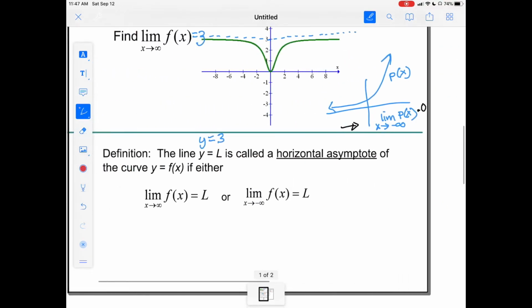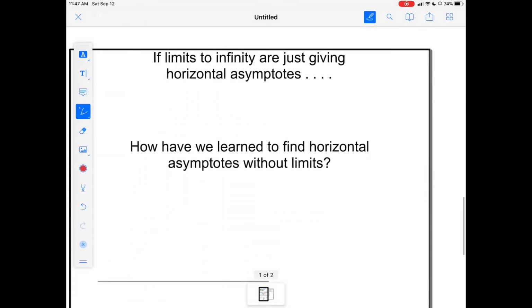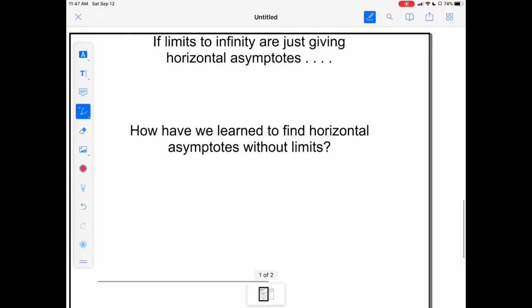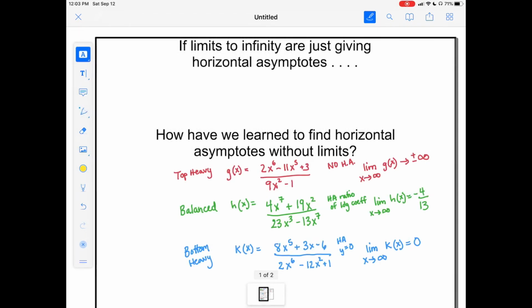All right, so now let's do a little refresher on what we know or remember about horizontal asymptotes, particularly when it comes to our rational functions as well as some of our polynomial functions. All right, so here's our question.